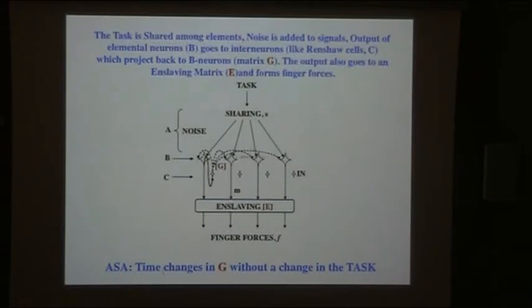Now, if all these projections are inhibitory, then this system will show you a very nice synergy stabilizing combined output of those neurons with any kind of noise that you add. However, if you change these projections, you can change it in such a way that the system starts to stabilize total moment of force. Total force or total moment of force, or both.